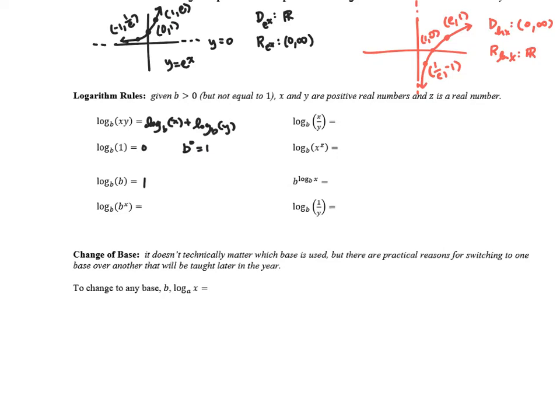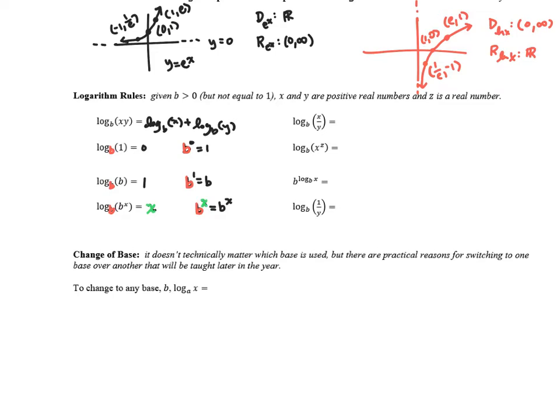Log base b of b is 1 because b to the 1 equals b. Log base b of b to the x is equal to x because b to the x is equal to b to the x. Now where am I getting these? So this is b to the 0, this is b to the 1, and this is b to the power of x, where this is just an exponent.